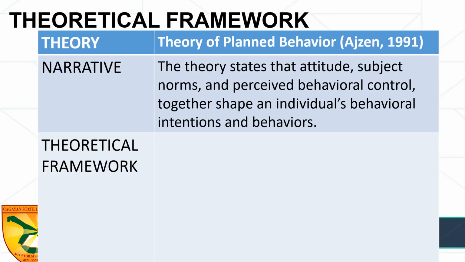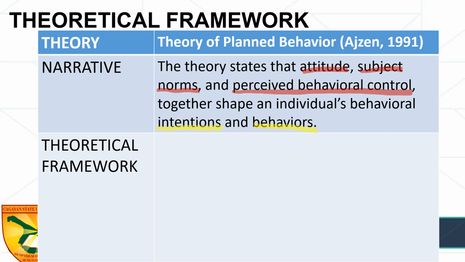So here is an example of a theoretical framework. The theory is the Theory of Planned Behavior by Ajzen in 1991, and this theory states that attitude, subjective norms, and perceived behavioral control altogether shape an individual's behavioral intentions and behaviors.